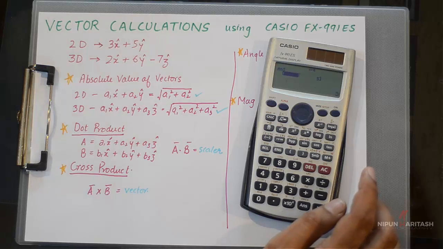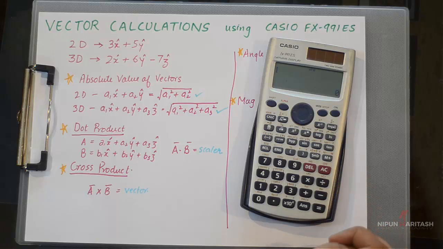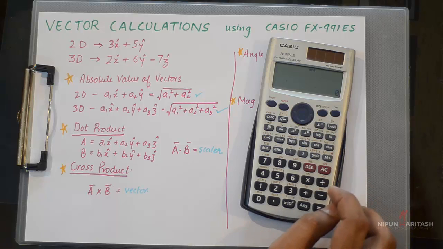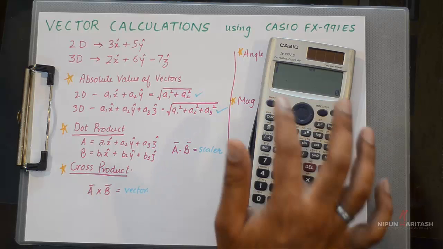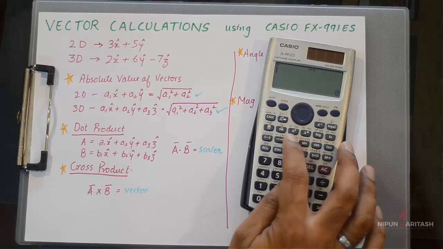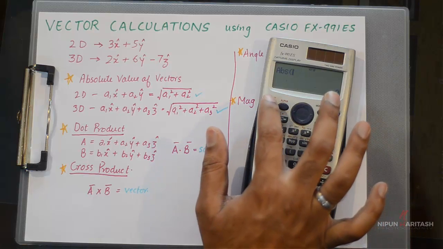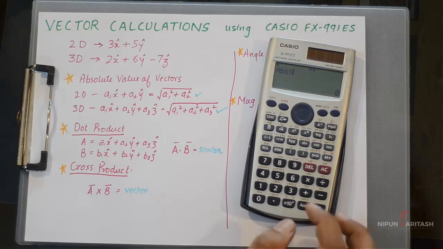Now first things first, I'll find out the absolute value of the vector A. For that I'll need to clear the screen and press shift and then press hyperbolic, because the alternate function of hyperbolic is absolute. Once absolute is there, then go back to shift, press 5 for vector options.